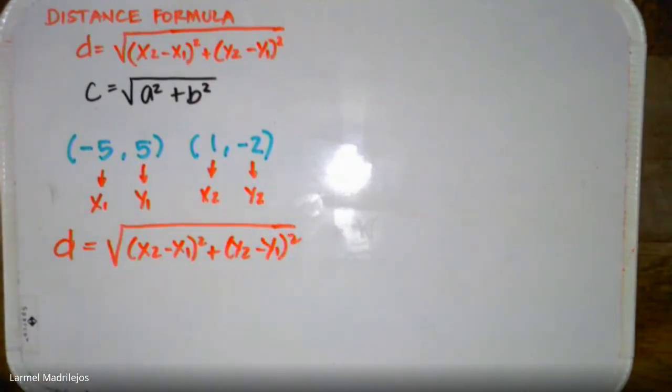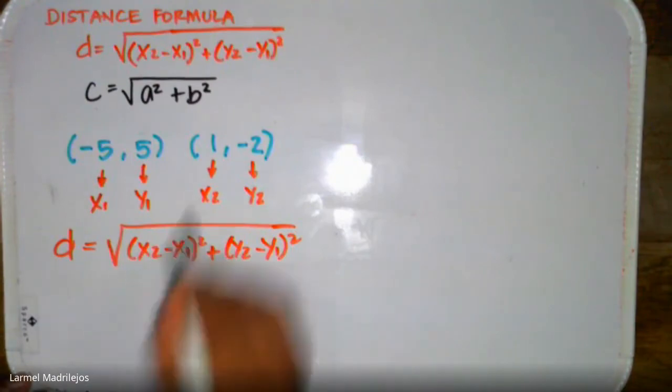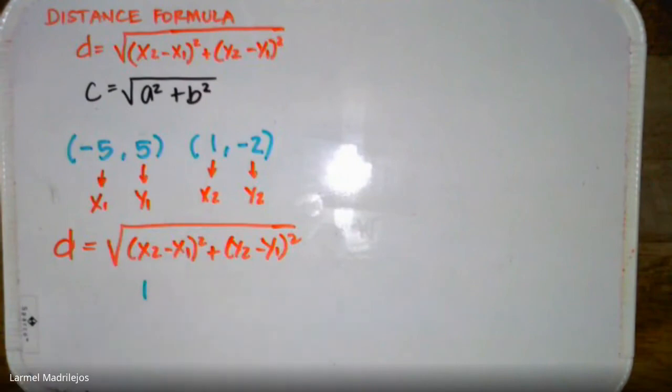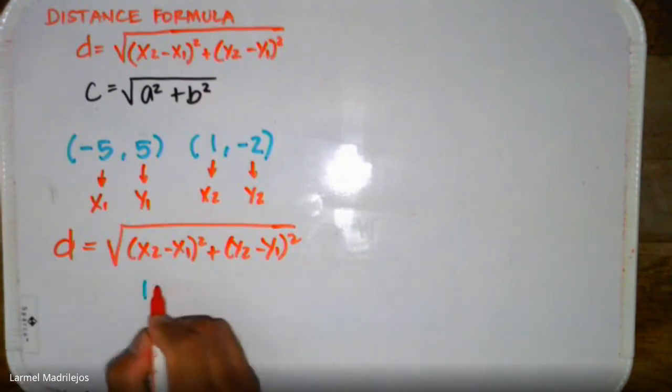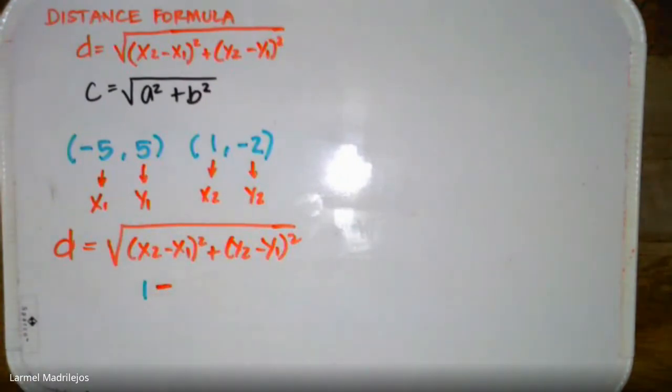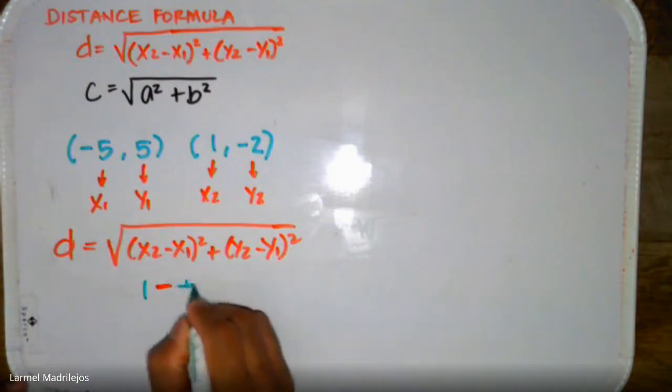Let's substitute the values. Remember, our x sub 2 is 1. I'm going to put 1 here, minus x sub 1, which is -5.